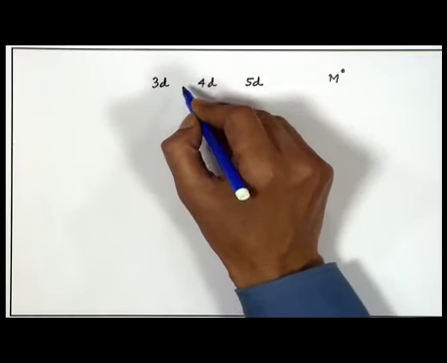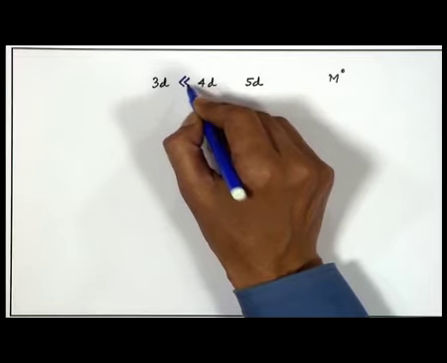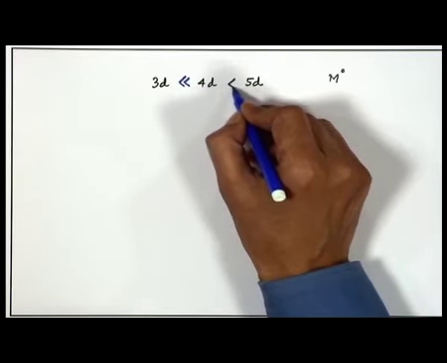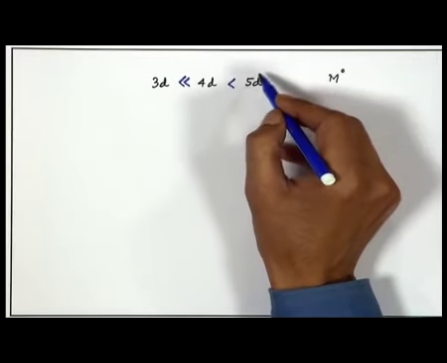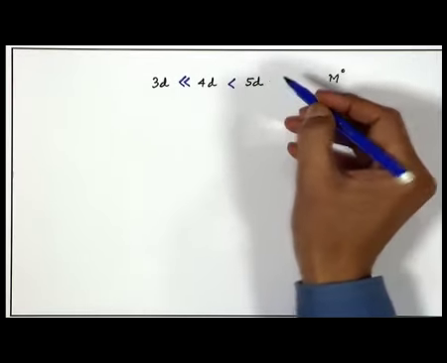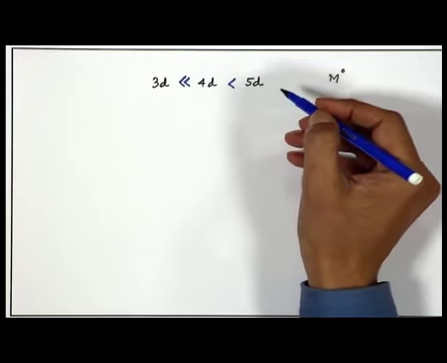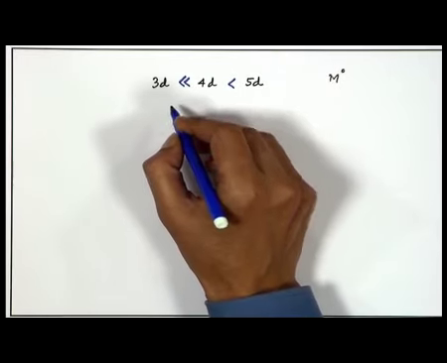So, bond strength will also be changing, and this particular bond strength trend is there. As we go for bigger and bigger d level or d shell, the bond strength trend will be changing, and it is a different one, a reverse one.